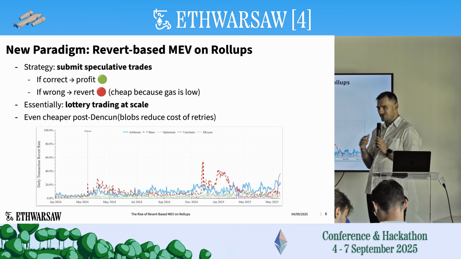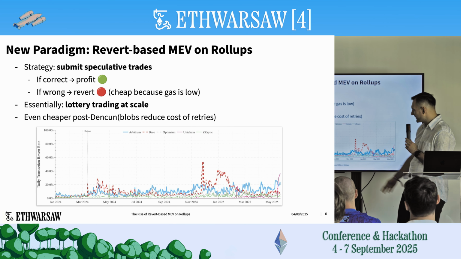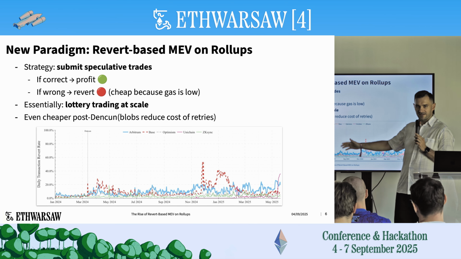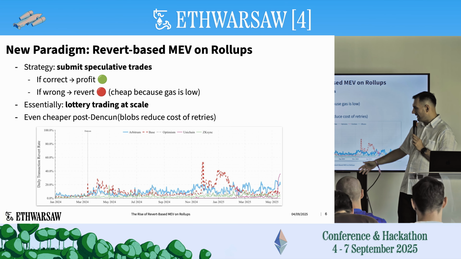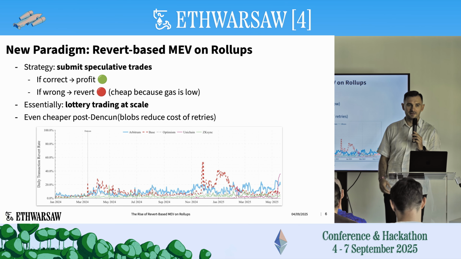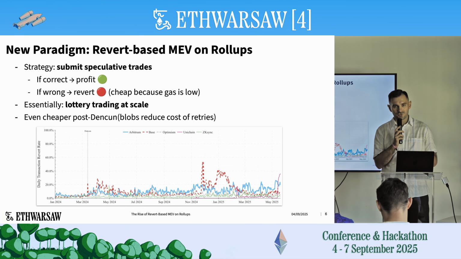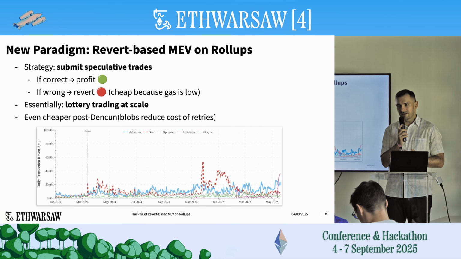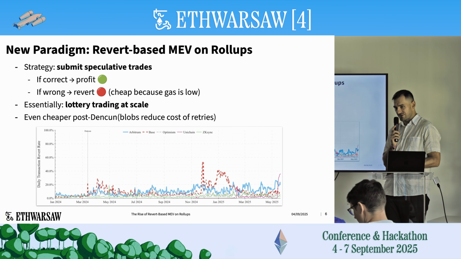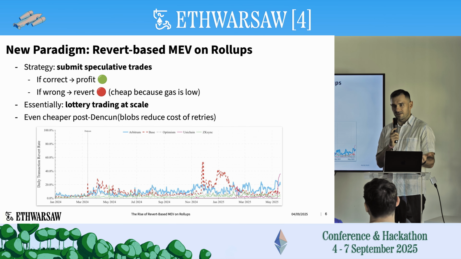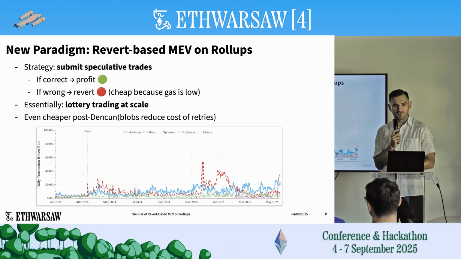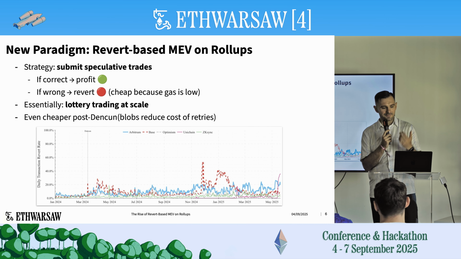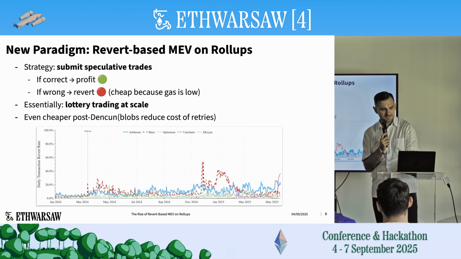And not surprisingly, after that Dencun upgrade, you can see that the percentage of the reverted transactions actually rose quite significantly, from like 1-2% to 20 or sometimes 40%. So today around 20% of all of the transactions that are on the rollups are being reverted. So they are unsuccessful. And most of them actually are those MEV attempts.